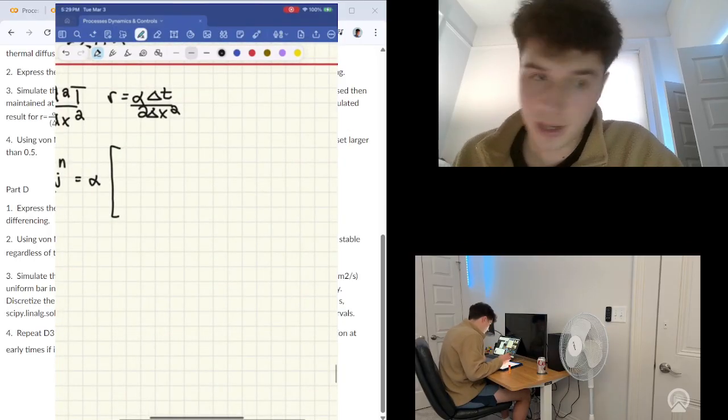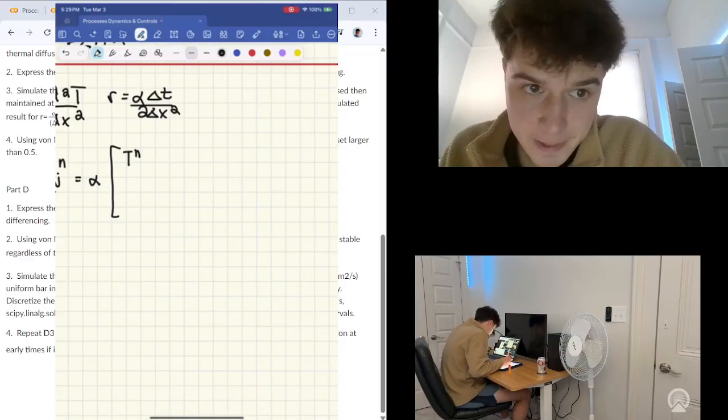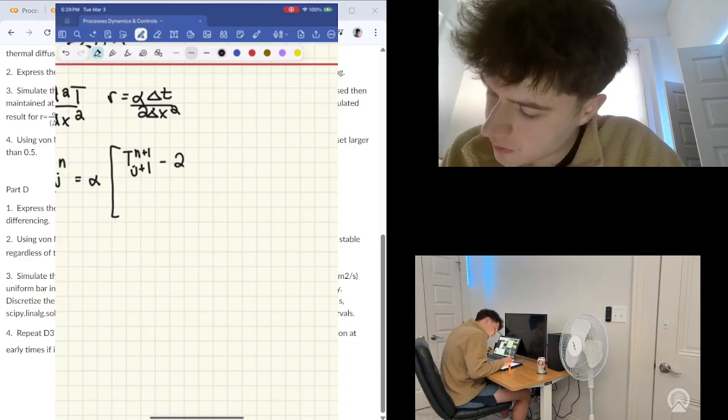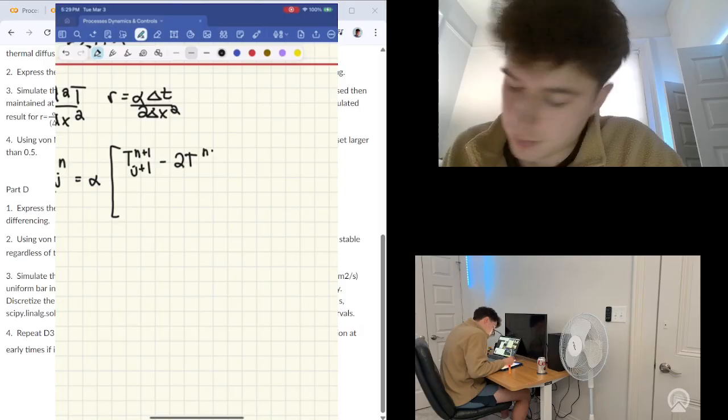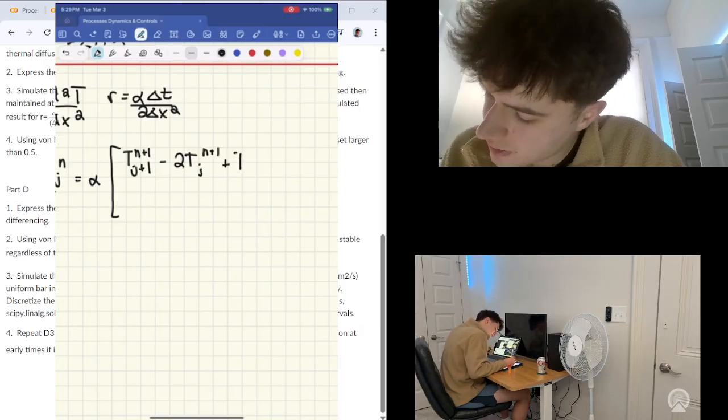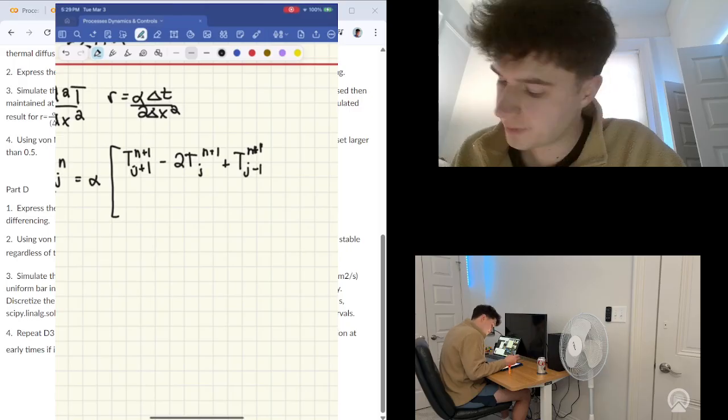So we're going to have this part, and this is going to be T_(j+1)^(n+1) minus 2T_j^(n+1) plus T_(j-1)^(n+1).